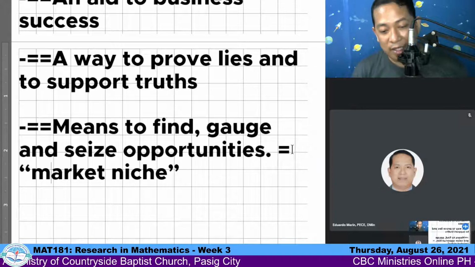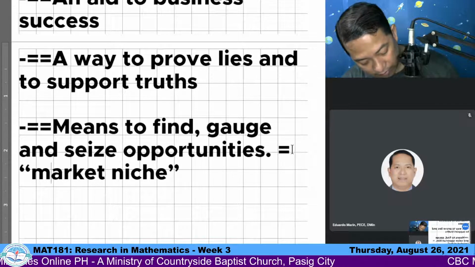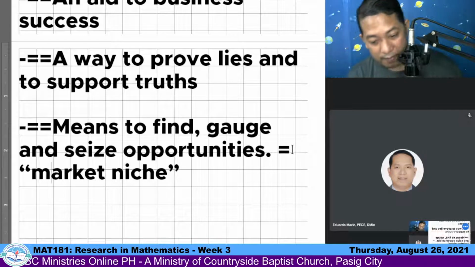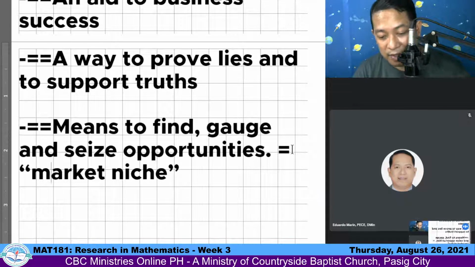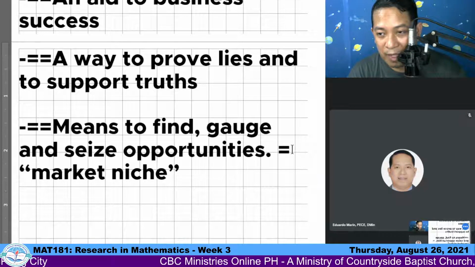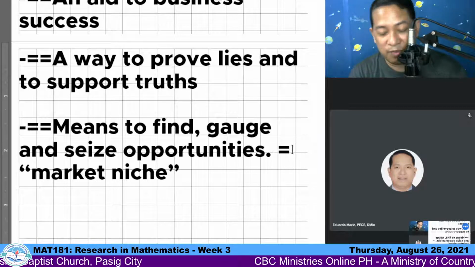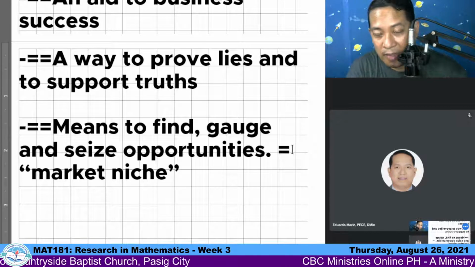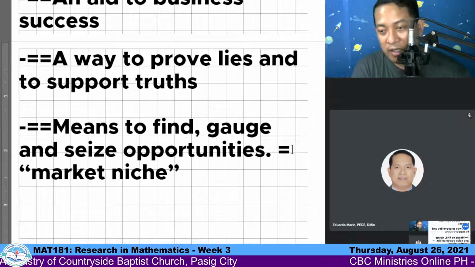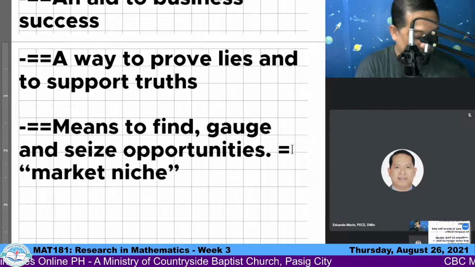Hindi lang ito product but also services. So you find out a way that you are of advantage to others so that you will have a larger slice of the market.